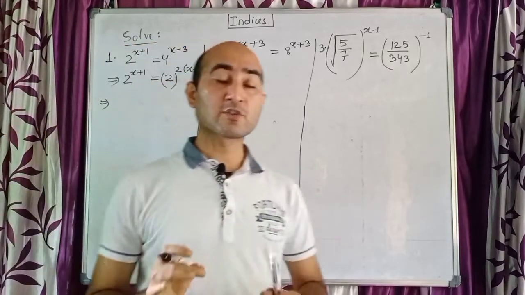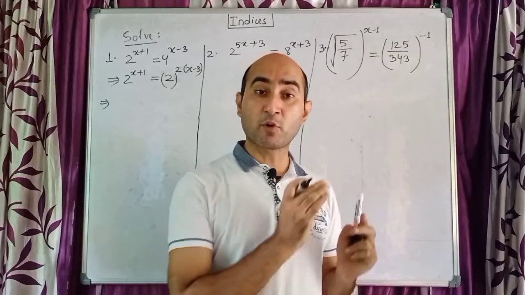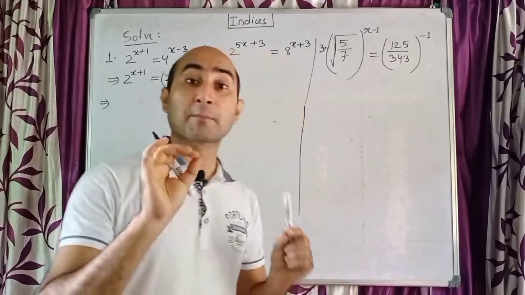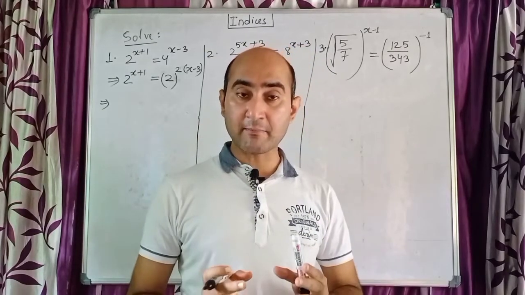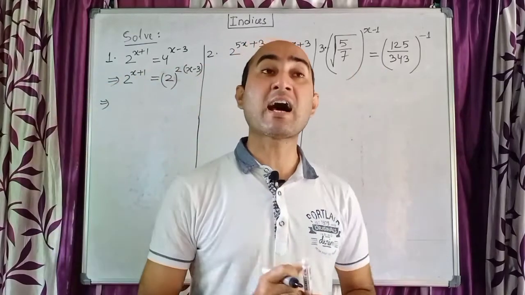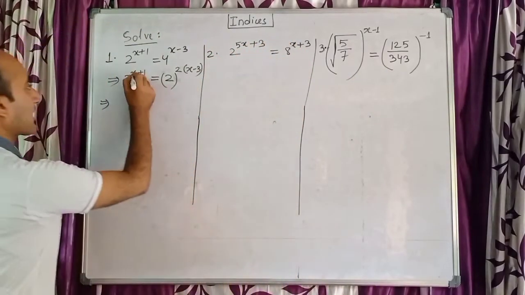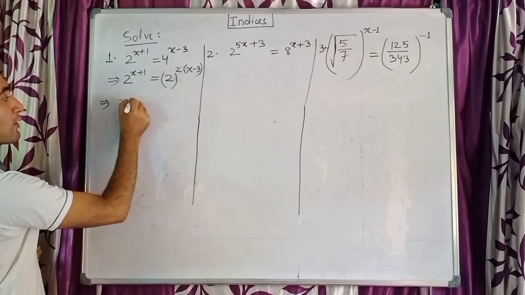According to the law of indices, when both the base are same on left hand side and right hand side, the power can be written equal. That means when base are same in the left hand side and right hand side, then both the power are equal. So now you can remove this base and directly write power equal.